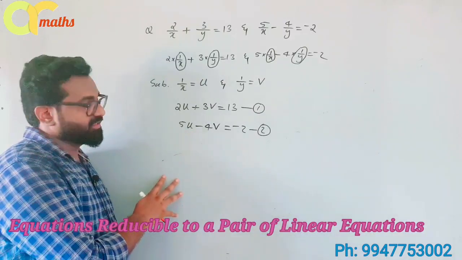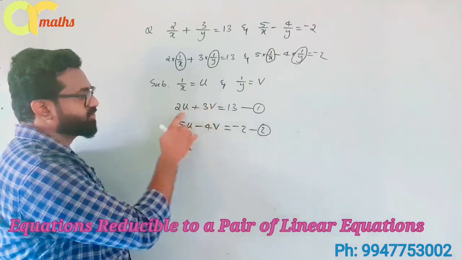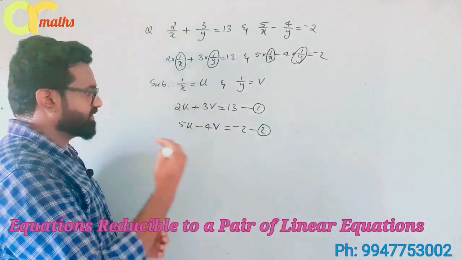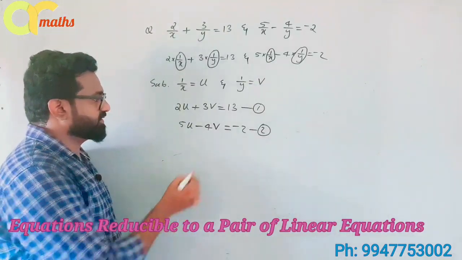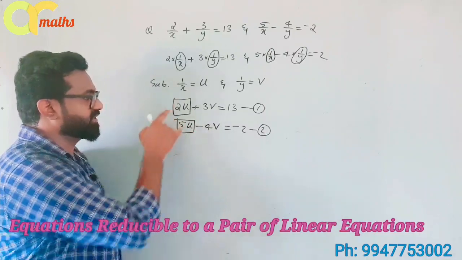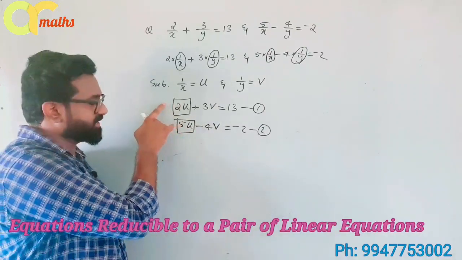Okay. So how to find the solution? How to find the value of u and v? Ready? Just equate the terms. Here 2u, here 5u. This is not equal. Can you multiply any number here to make it the same?